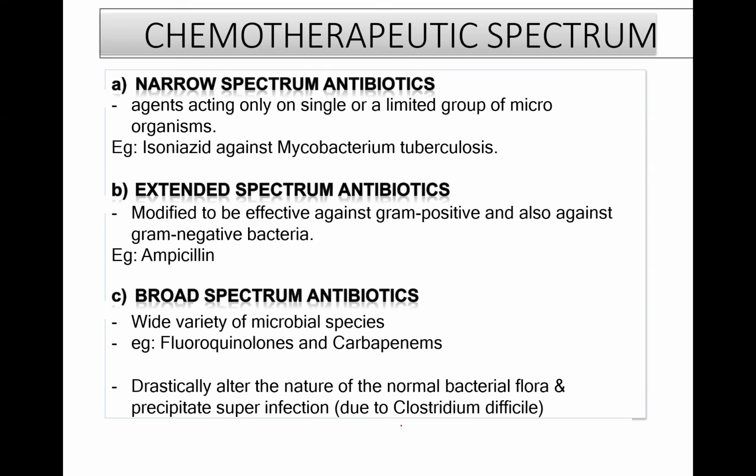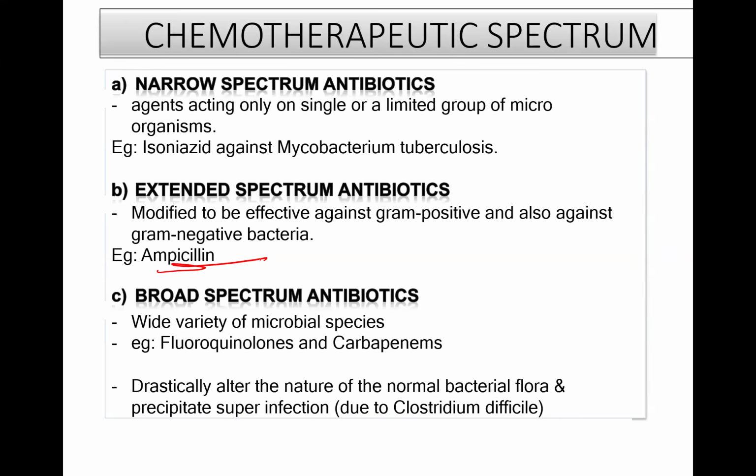Extended spectrum means the spectrum is a little bit more extended, modified to be effective against gram-positive and also against some gram-negative bacteria, like ampicillin. Whereas broad spectrum agents are active against a wide variety of microbial species, like fluoroquinolones and carbapenems.